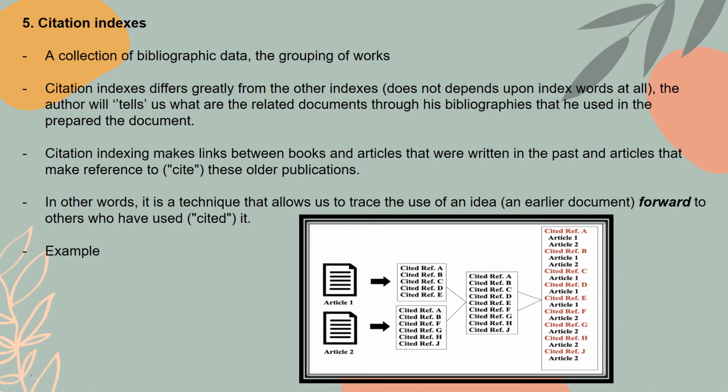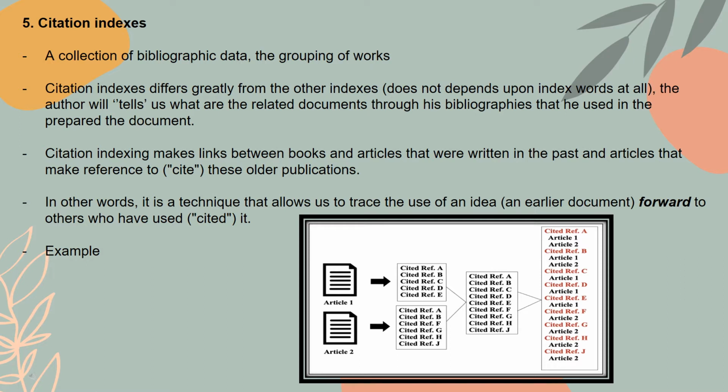Okay, next is citation indexes. Citation indexes are a collection of bibliographic data. Citation indexes differ greatly from the other indexes. The author will tell us what the related documents are through the bibliography that he used in the preparation of the document.